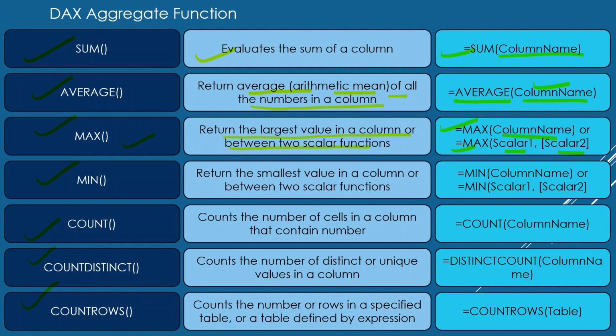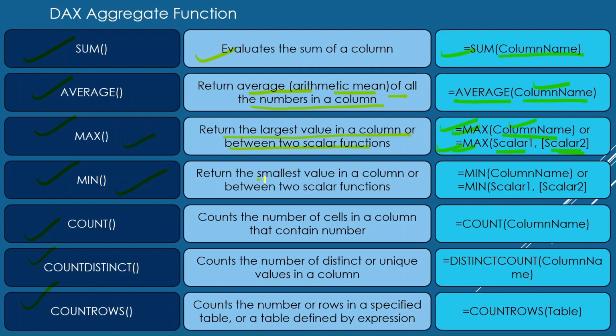So we need to use the max function, and in the parameter just provide the column name. Suppose we have some scalar functions, and based on the output those scalar functions are returning, if you want to calculate the maximum value, then we need to use max, but in the parameter we need to provide all those scalar functions.